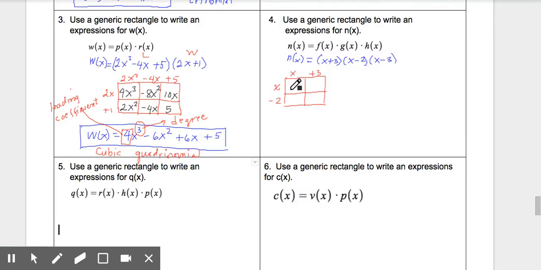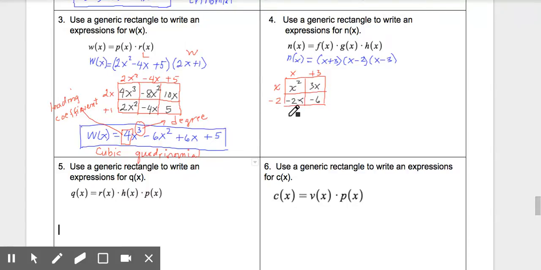Now we multiply, we'll get x squared here, because x times x is x squared. X times 3 is 3x. Negative 2 times x is negative 2x. And negative 2 times 3 is negative 6.